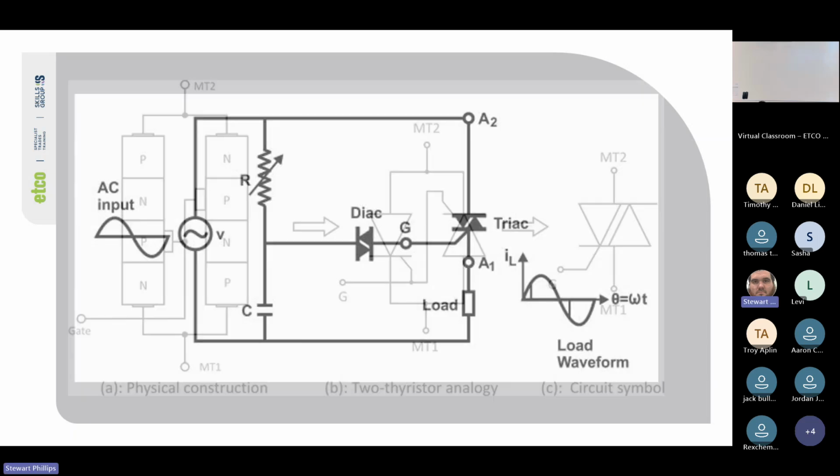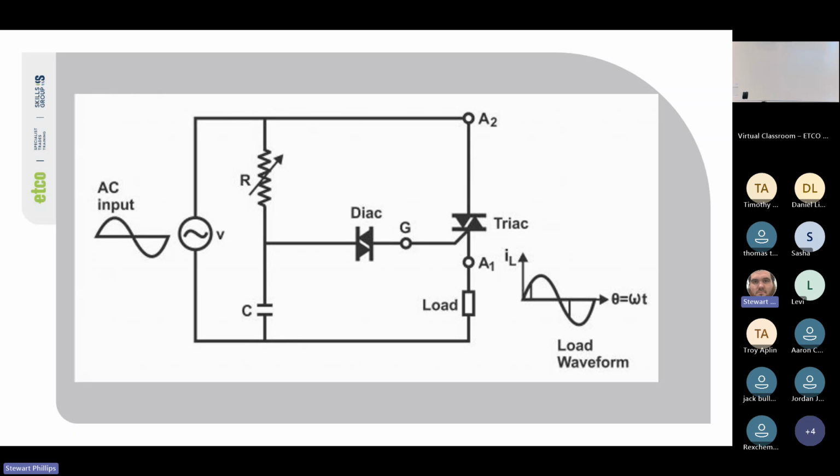And then if we look at it in the circuit that we were looking at before, we have our AC input and we have a resistor and a capacitor. The capacitor is there for charging, but the resistor is there to limit voltage. The arrow through it means it is a variable resistor.